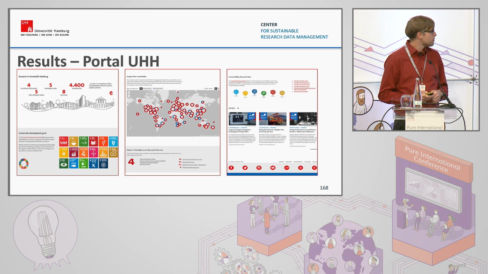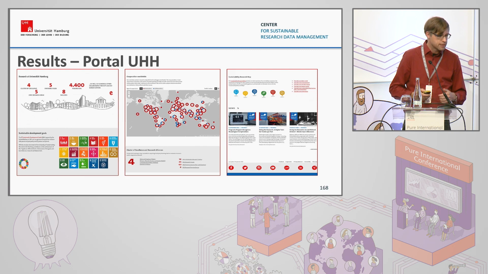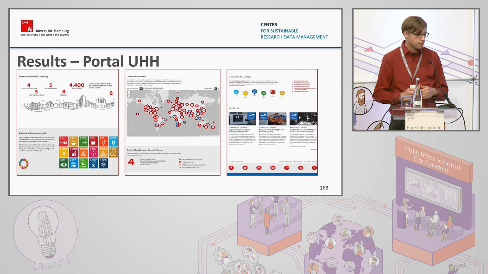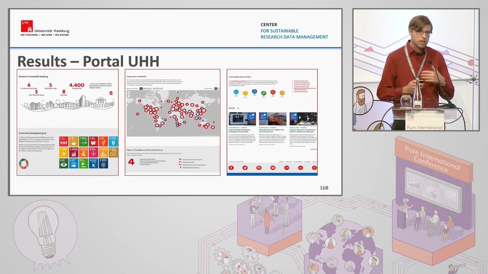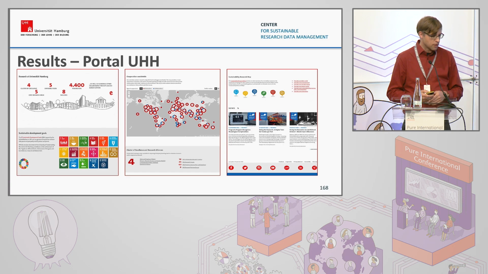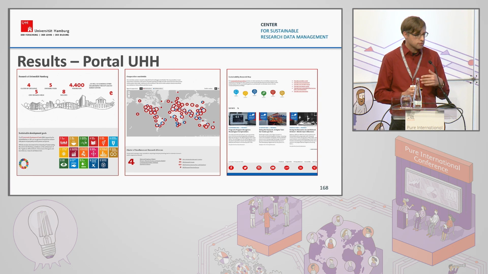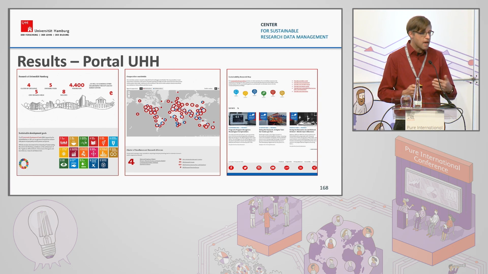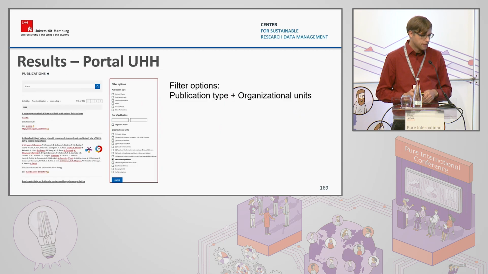On the main page, we also show a map of the collaborators, and the user can see what kind of collaborators we have and how many research outputs we have with the other institutions. Further content is a sustainable development goal map of our internal organizations and some research-related news, which is fed by another system.